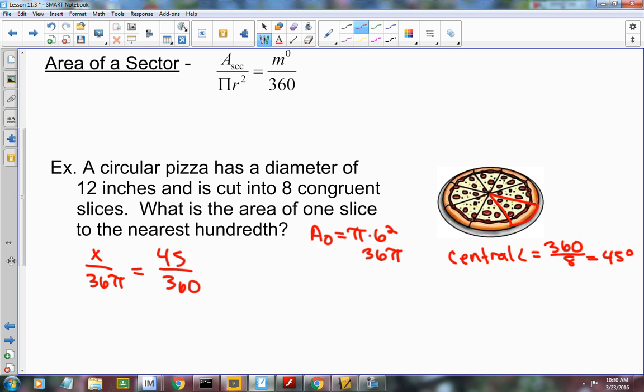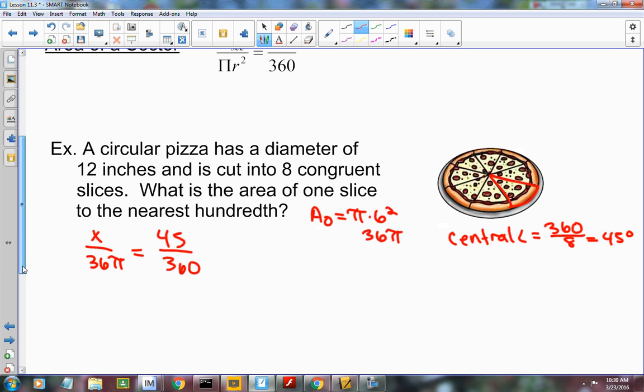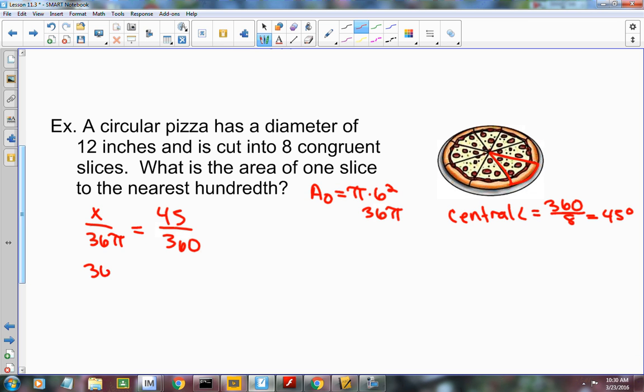Okay, so you put 45 over 360. So area of the sector is to the area of the circle as the measure of the central angle is to 360. And so then you just cross multiply. And you get 360x, and then we get 36 times 45, which is 1620 pi.